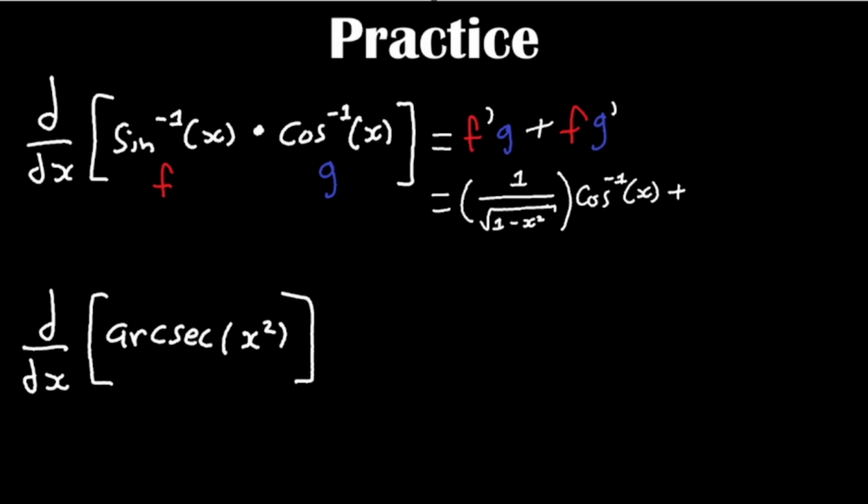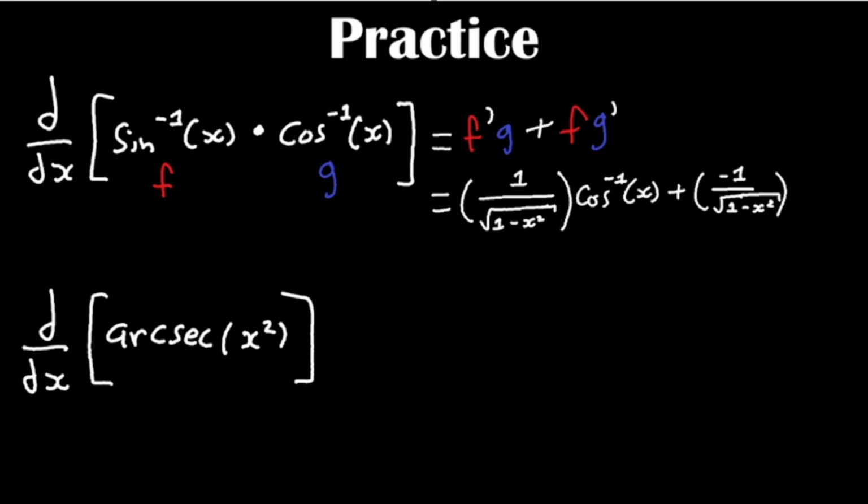plus, all right, what is f? F is sine inverse of x. I'm going to write it on the right. I'm going to write g prime first. So the derivative of cosine inverse, that is negative 1 over square root of 1 minus x squared.